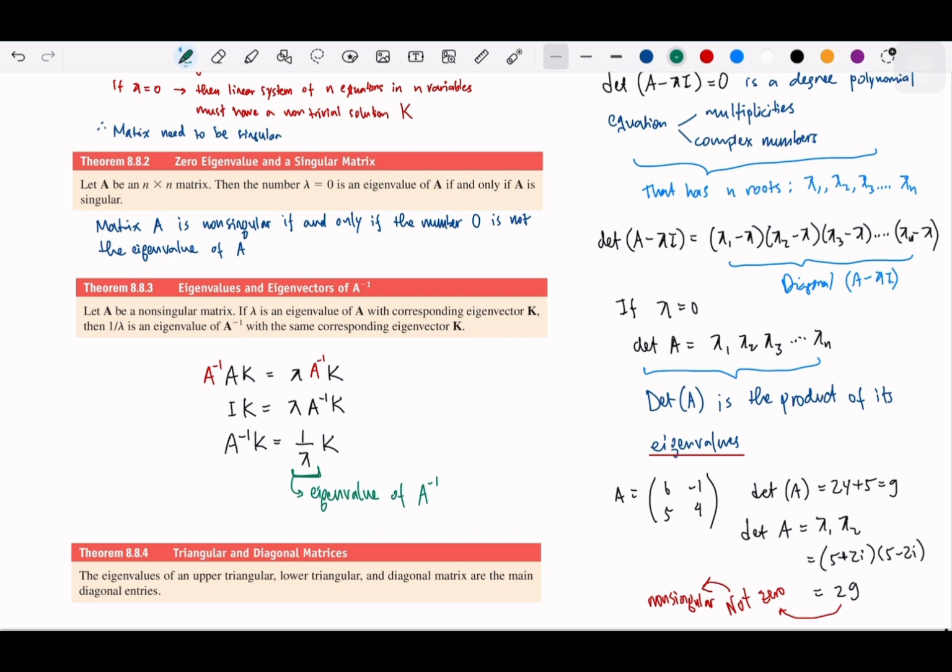Because if we try to take the determinant, the other part makes 0, so it will not affect the other value. So we can just say that the main diagonal will be our eigenvalues. Okay?